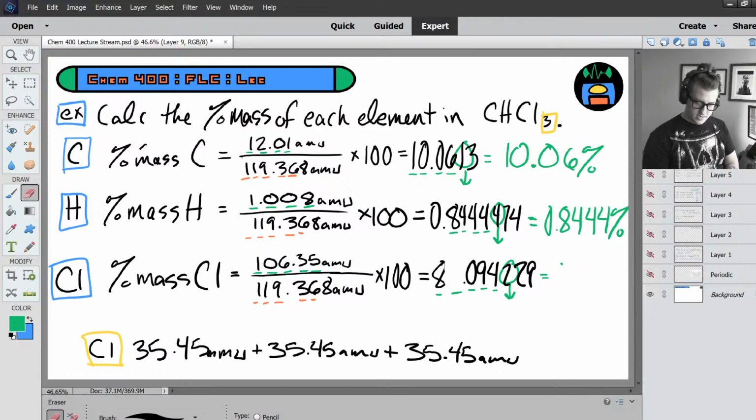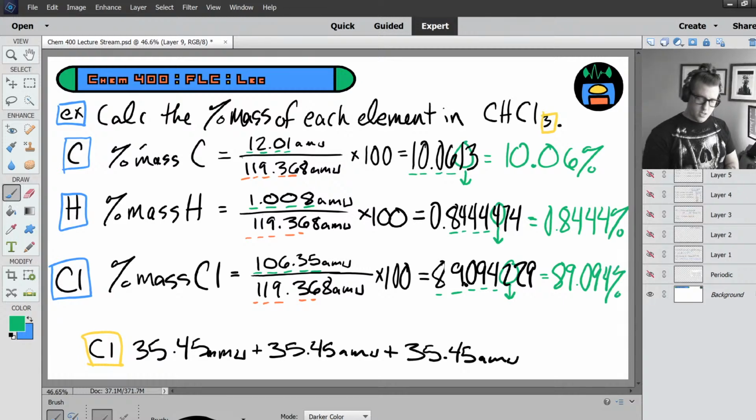That should be 89.094%. All right, so those are our mass percents of each element in the molecule of chloroform.